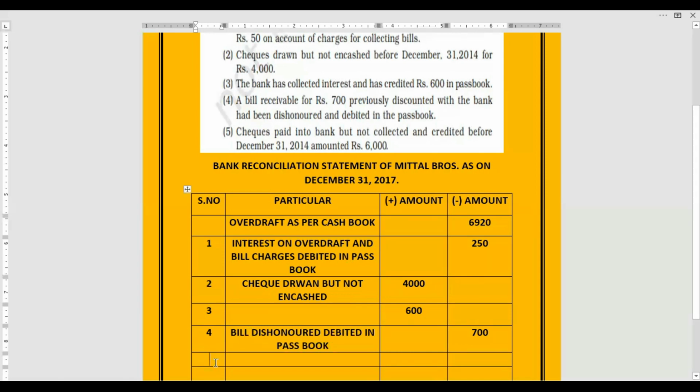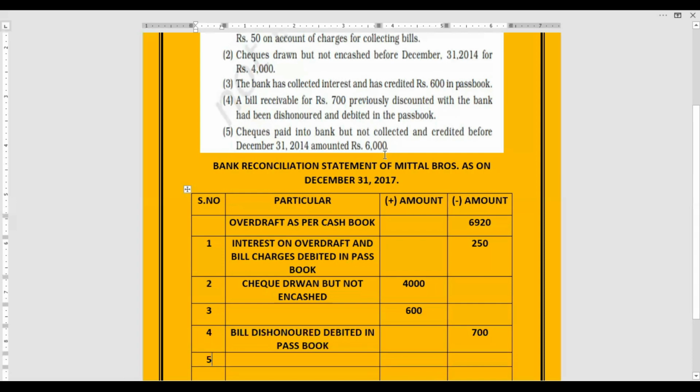Fifth one, cheque paid into bank but not collected and credited before December 31st, 2014 amounting to 6,000. 6,000 worth of cheque Mittal Brothers went and deposited in the bank, but the banker did not collect it till December 31st, till the end of the period for which we prepared the bank reconciliation statement.